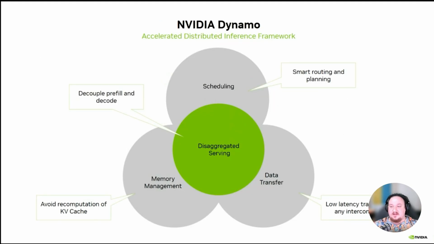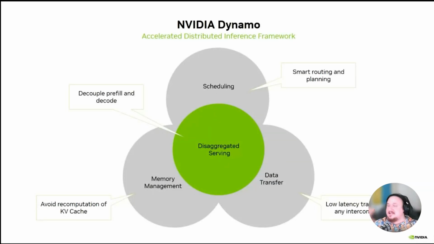So what is Dynamo helping to do? Well, it's basically giving us one framework to do all of these things at once, right? So instead of being a one-trick pony, this is actually meant to pull in a number of different techniques and approaches. And so we have things like better routing, lower latency transfer of data, which we're going to talk about why these things are useful in just a moment.